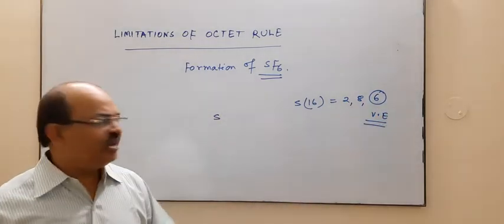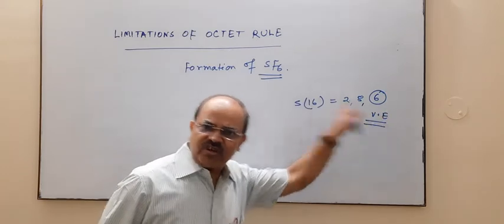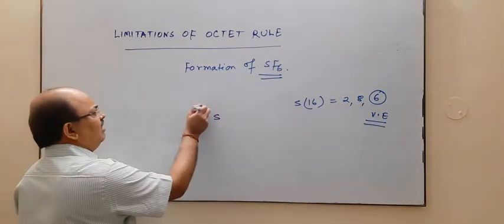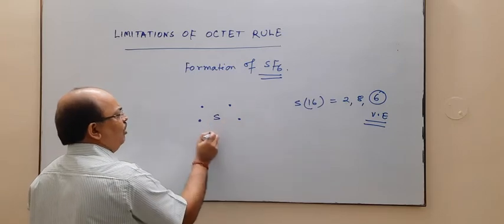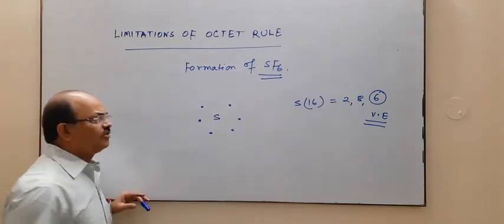यानी सल्फर का वैलेंस इलेक्ट्रॉन कितना है? 6 है। तो इधर लिख दीजिए 1, 2, 3, 4, 5 and 6.